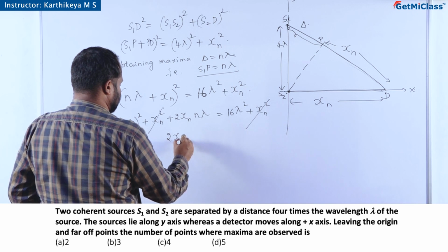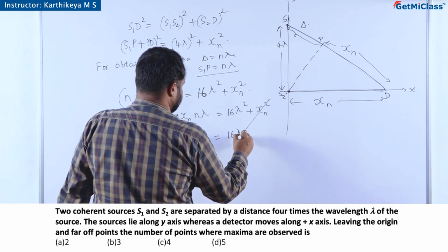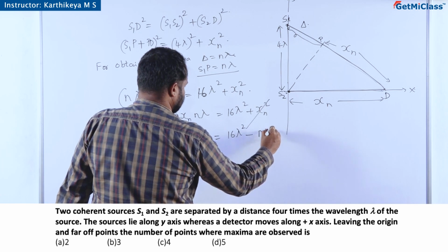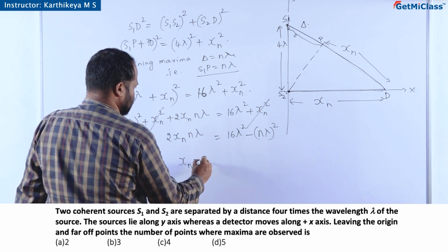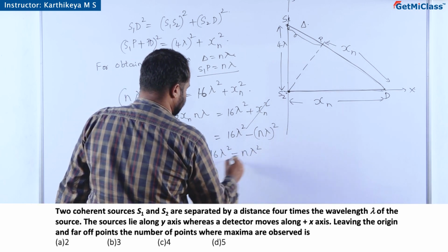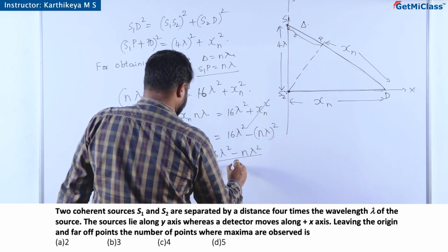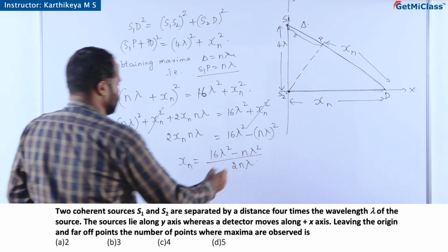So 2 xn into n lambda is equal to 16 lambda square minus n lambda square. xn is equal to (16 lambda square minus n lambda square) by 2n lambda.